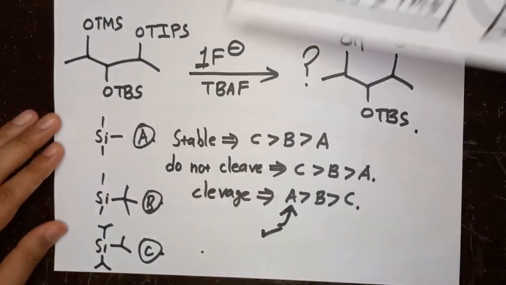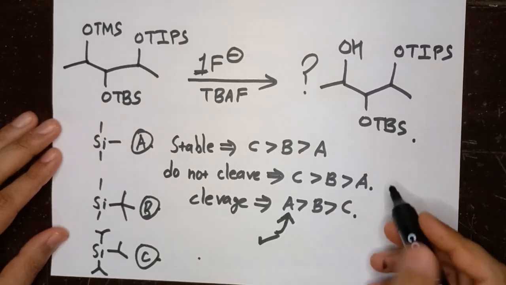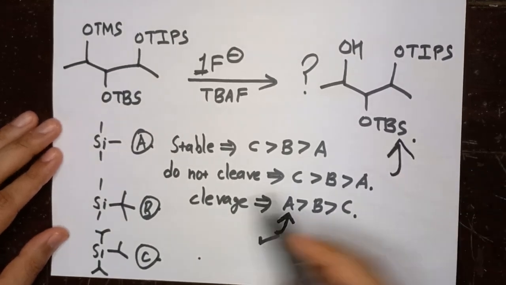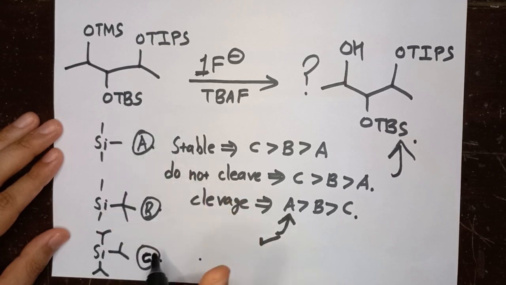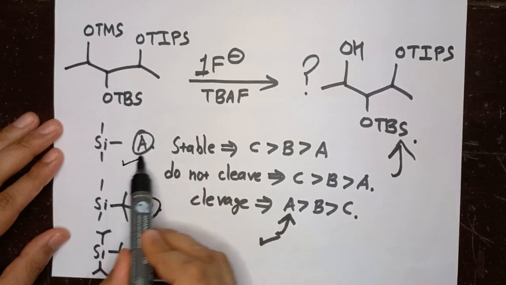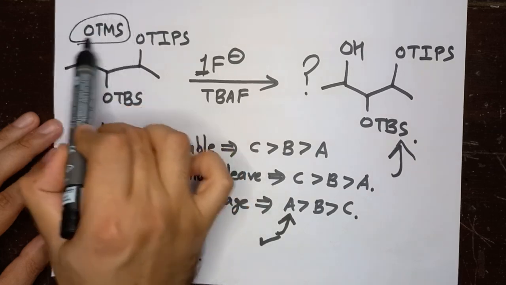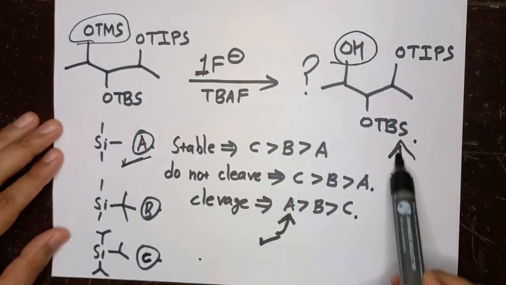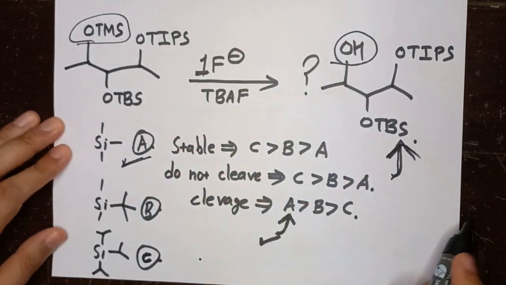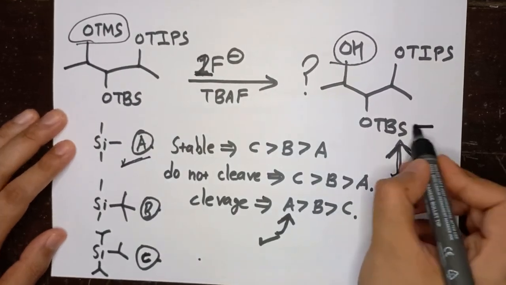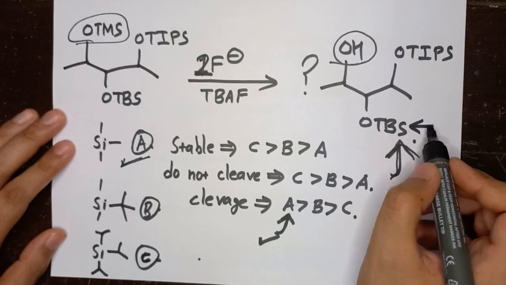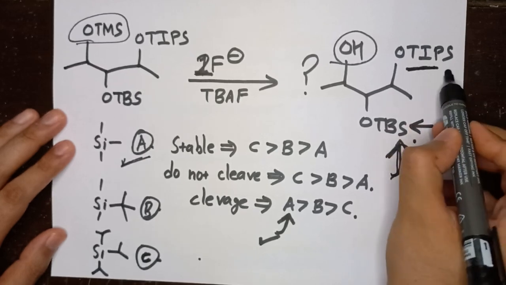So this is what we applied here, and this is how we got the product. Out of these three, C is most bulky, so it will not cleave first. The least bulky will cleave first, and we simply deprotected our OH group and we got the product. Now suppose I have 2 F minus. Then this will get deprotected and this will remain intact because this is more bulky.